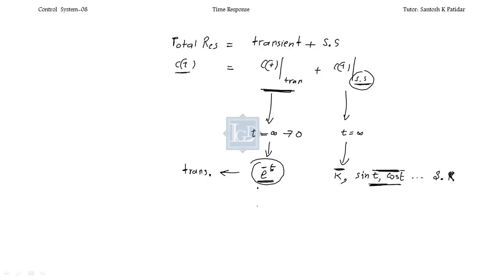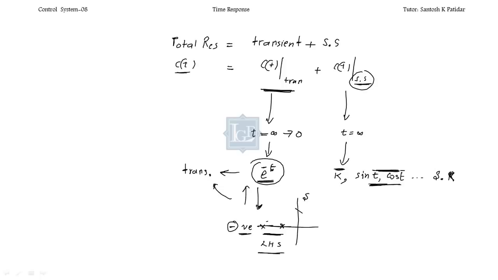Now we have seen, in the S domain, if your poles have a negative real part, in the left hand side of the S plane, this is the S plane, and this is the left hand side. Definitely this pole is going to provide the exponential term, meaning the transient response, correct?